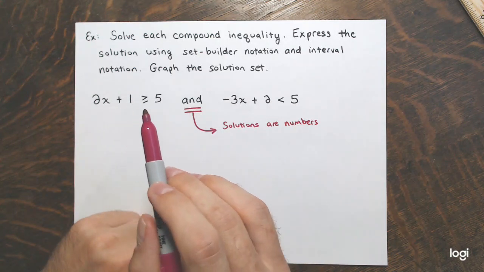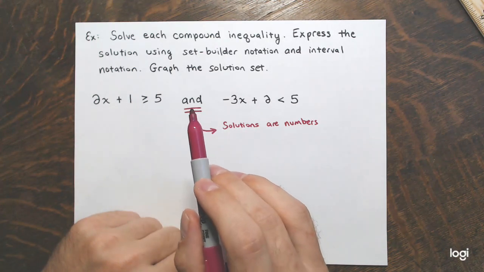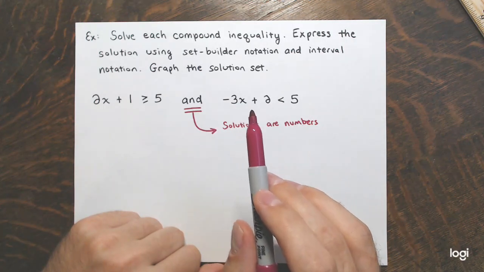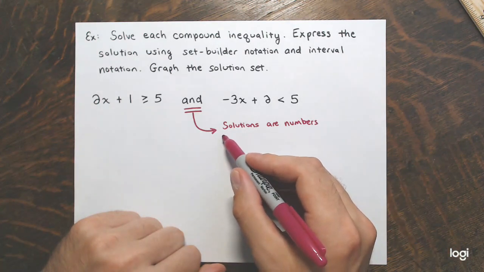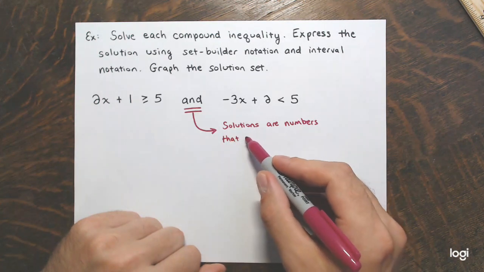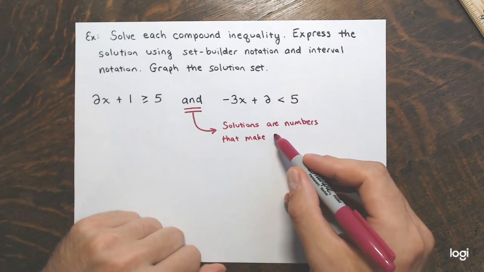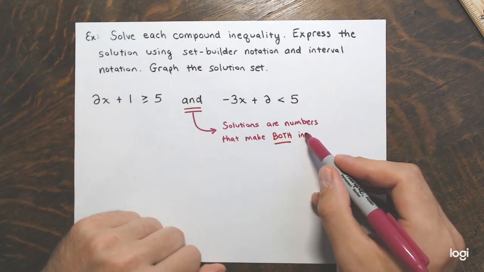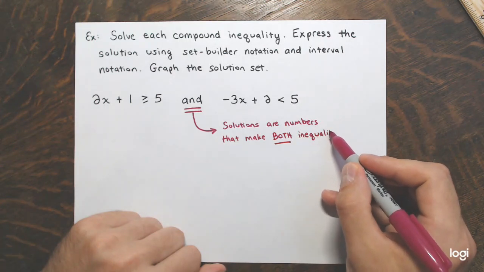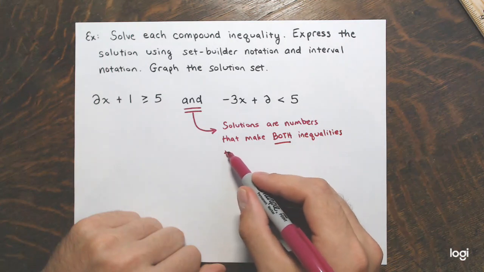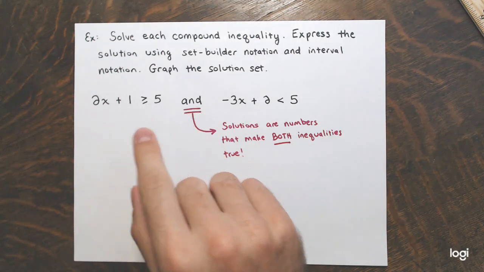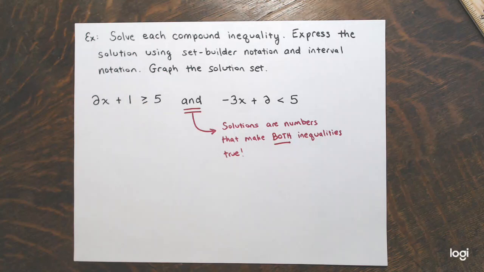So numbers that make this inequality a true statement and at the same time make this inequality a true statement as well. So solutions here are numbers that make both inequalities true.